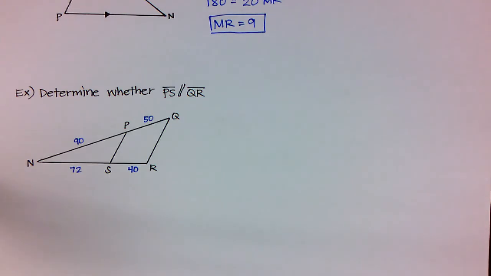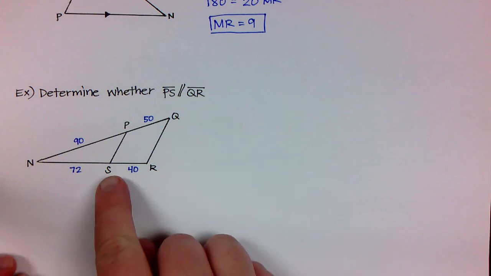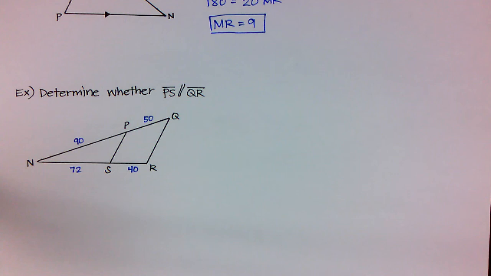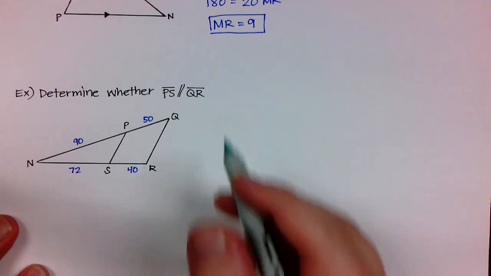This one asks us to determine whether PS is parallel to QR, okay? And so this comes from the converse, that if the sides are proportional, then we can conclude that the two lines are parallel. So let's go ahead and write our proportion.